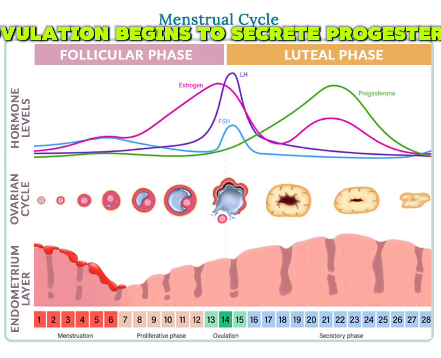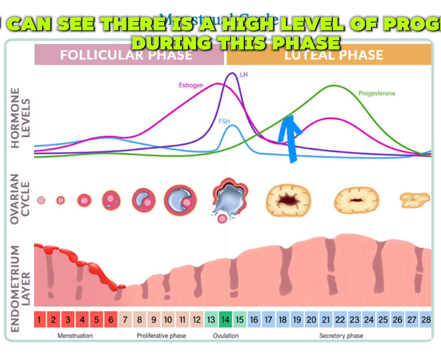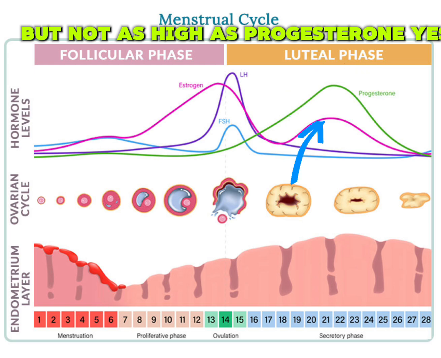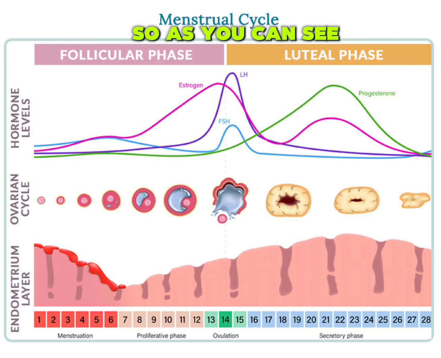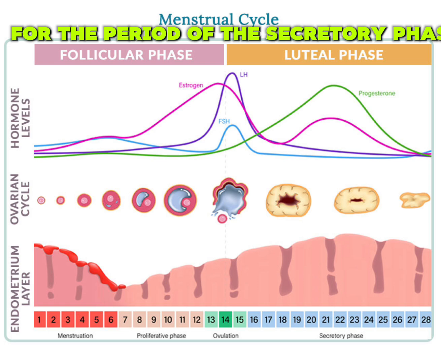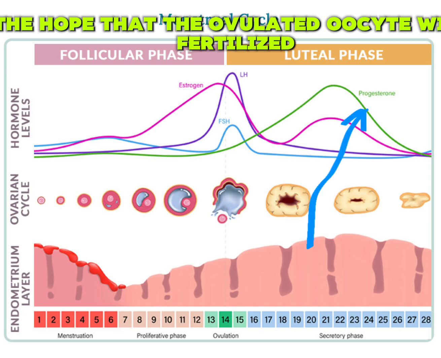Corpus luteum begins to secrete progesterone. As you can see, there is a high level of progesterone during this phase. Yes, and estrogen is there, but not as high as progesterone. So the corpus luteum will continue to secrete this progesterone for the period of the secretory phase in the hope that the ovulated oocyte will be fertilized.